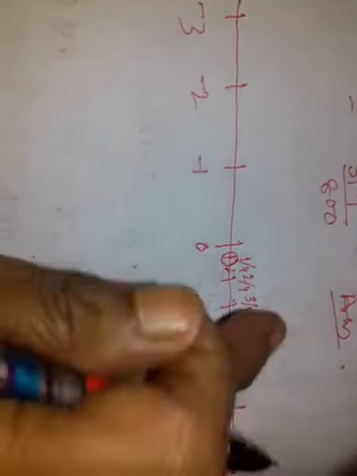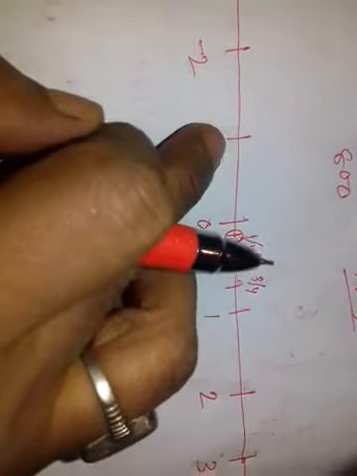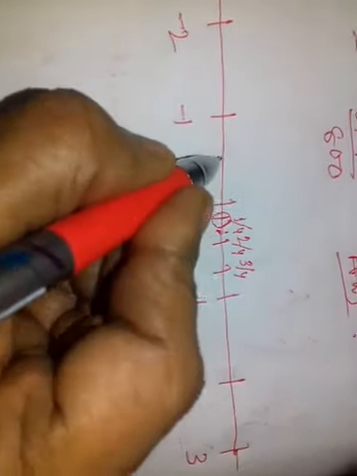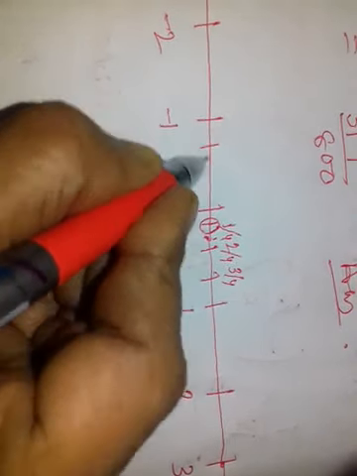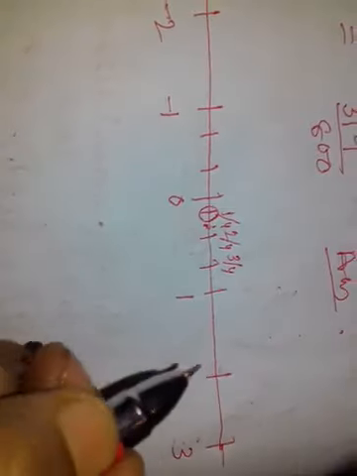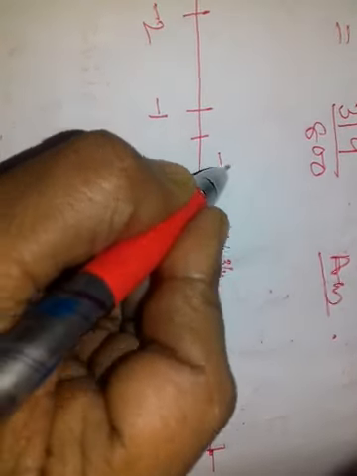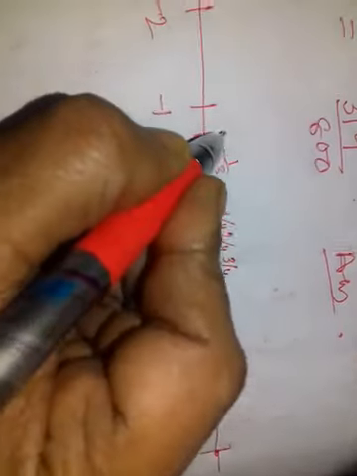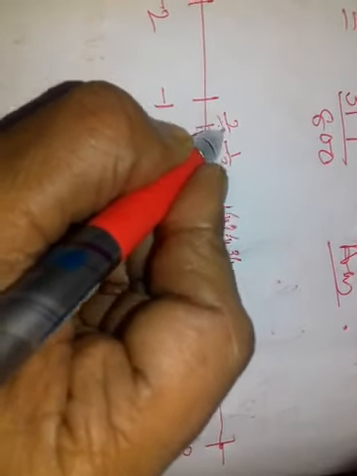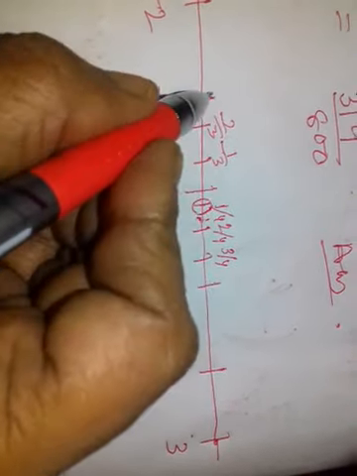Next, another number, minus 2 by 3. Minus 2 by 3 means between 0 and minus 1. That place I am dividing into 3 equal parts. 1, 2, 3. So this is minus 1 by 3, this is minus 2 by 3, and this is minus 3 by 3.